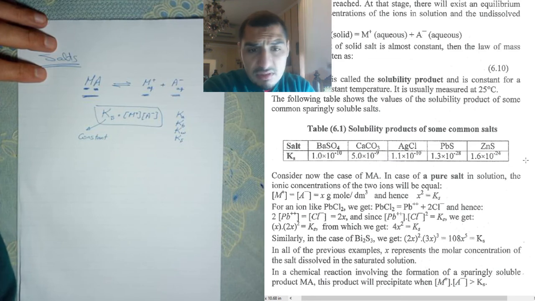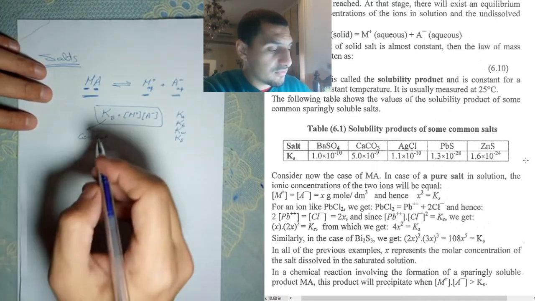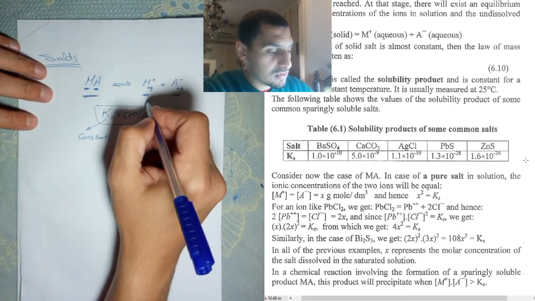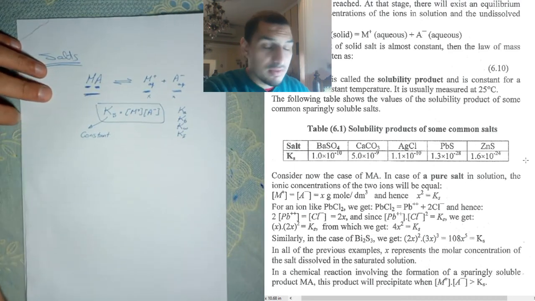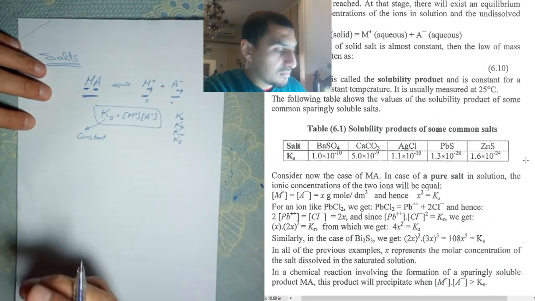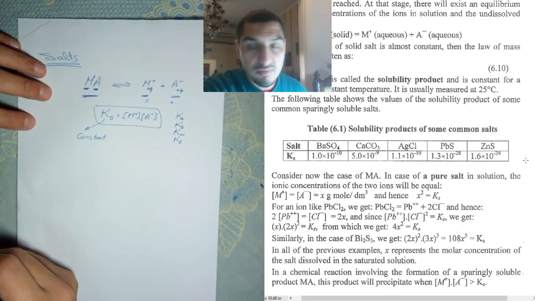If we have a salt like this, then as we did before, we will have X moles of each one of them that is dissolved in water. Or we can call it the concentration, so X is the number of moles divided by the volume.